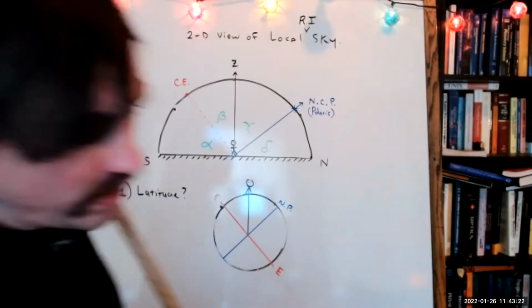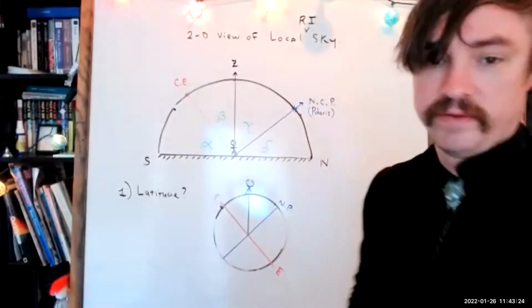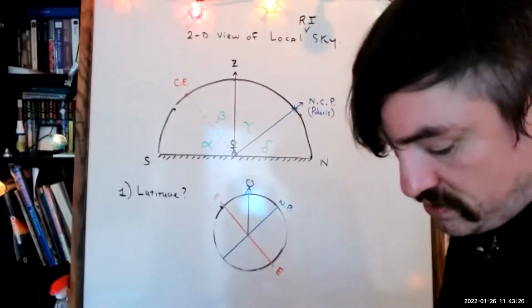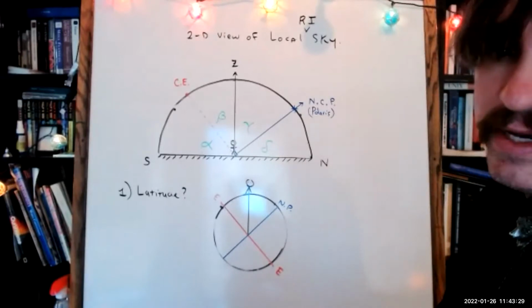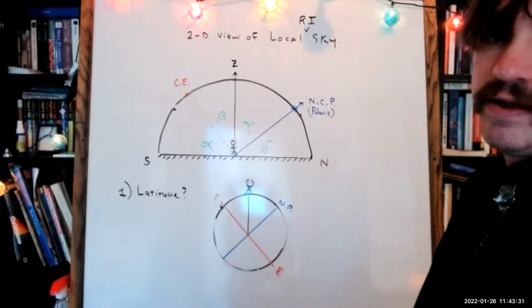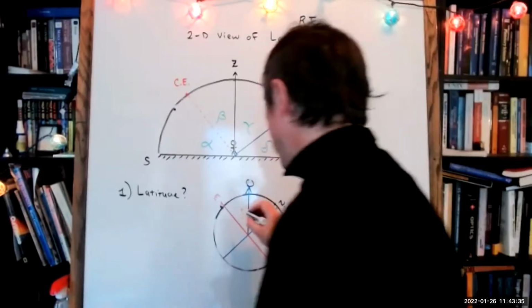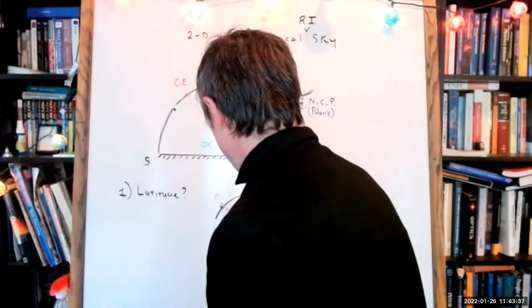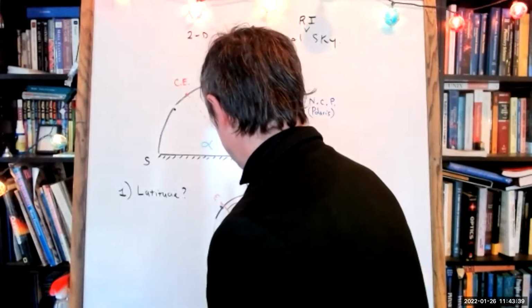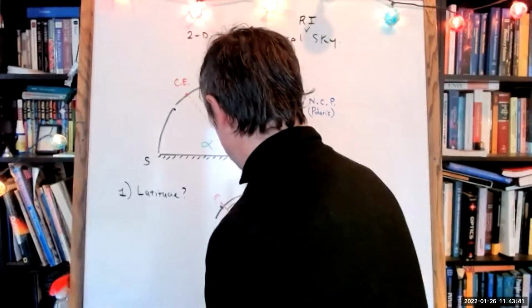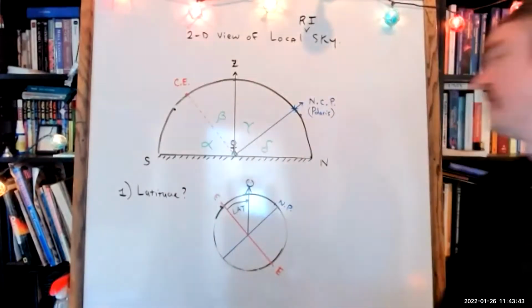Now, what did you say again, Cole? The definition of latitude? Degrees north or south of the equator. And are we north or south of the equator? We're north of the equator. So that means this angle here from the equator up to us is our latitude, degrees north.